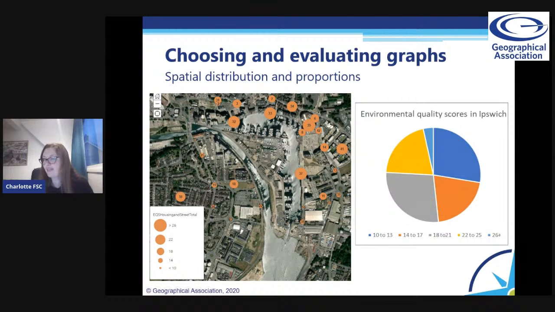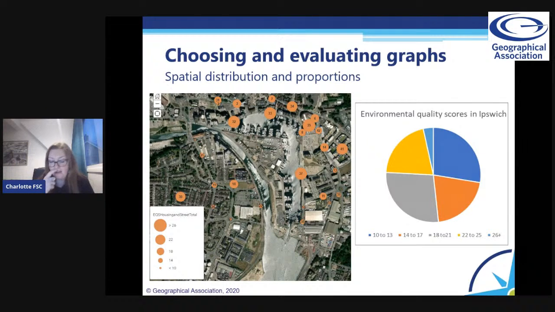Okay. Hopefully you've got that there. So on this first example, if I were to ask you which is best for showing the variation in environmental quality across an area of Ipswich, which would you suggest? Again, if you want to pop a reason in the chat, feel free to share, or share it among your class if you're watching with others.